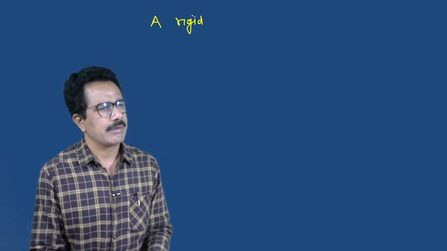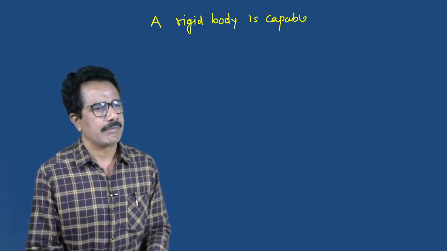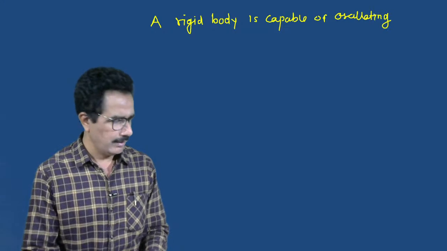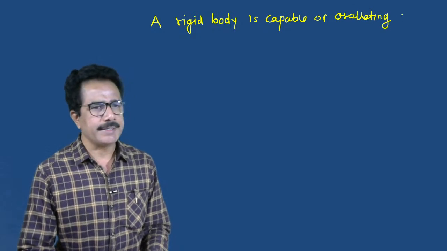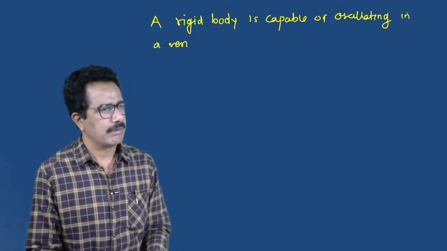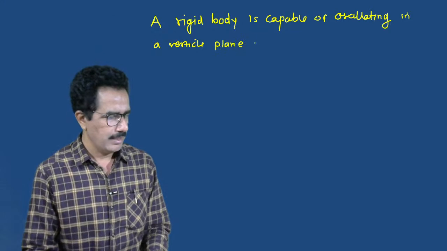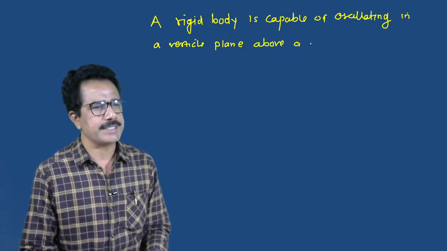A rigid body is capable of oscillating in a vertical plane above a fixed horizontal axis.